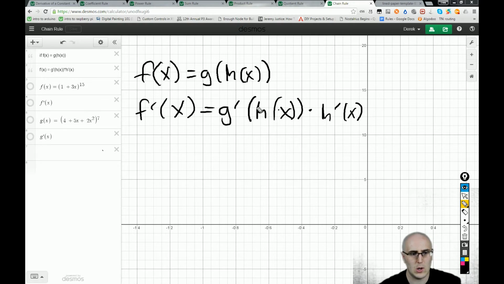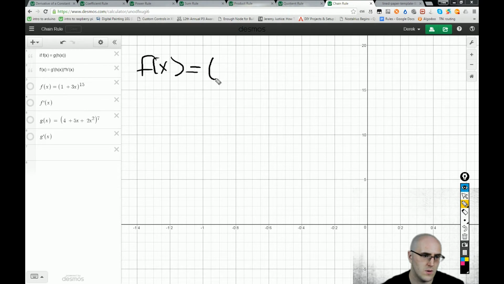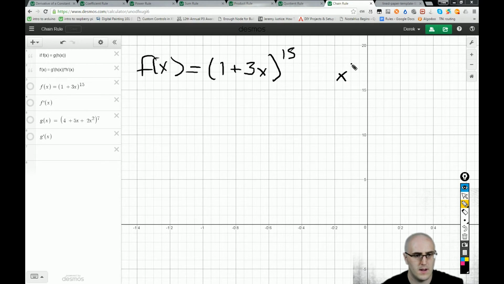So this one looks kind of fancy, but it's actually not too bad to work with. Let's go with an example here, which is a pretty easy one. F of x is equal to 1 plus 3x to the 15th. Its derivative, if we define, so let's just say that x to the 15th is equal to g of x.